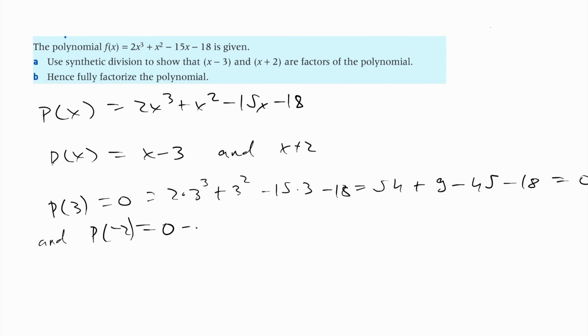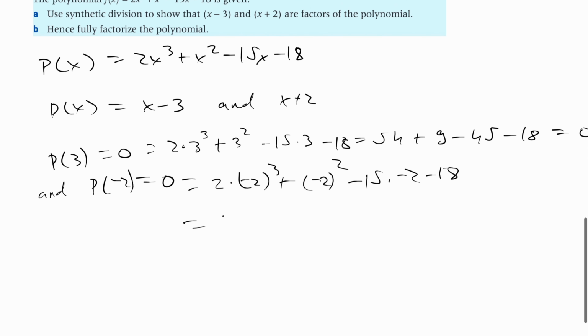Let's check P of negative 2. So P of negative 2 is 2 times negative 2 cubed plus negative 2 squared minus 15 times negative 2 minus 18. And this is equal to 2 times negative 8, which is negative 16, plus 4 plus 30 minus 18.